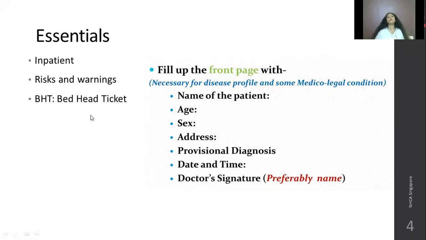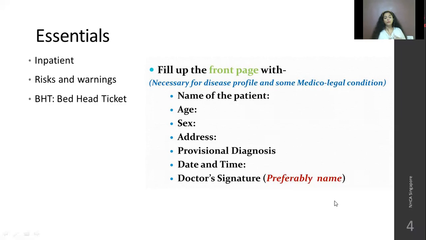Okay, so name of the patient, their age, sex, address, provisional diagnosis, date and time, doctor signature, along with specialty name also, and registration number also. Okay, it has to be there. And this bed head ticket is given to the patient when they get discharged, so they don't go home with a bulk of papers.